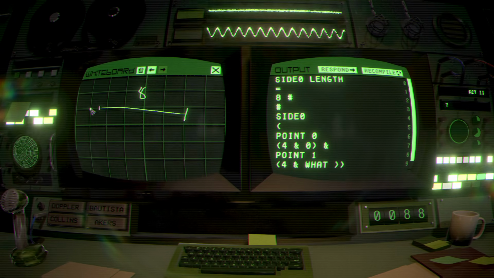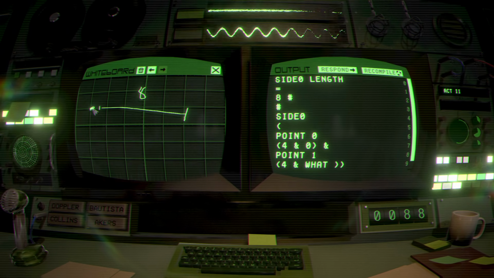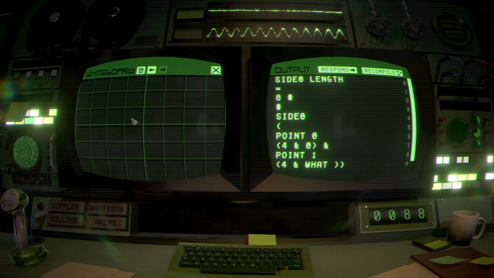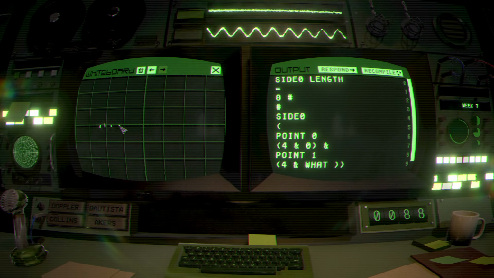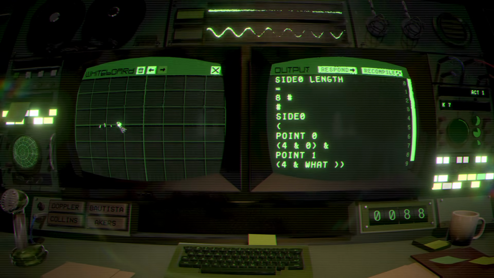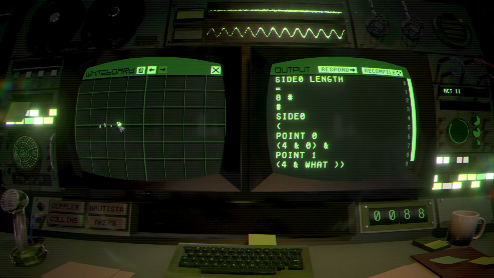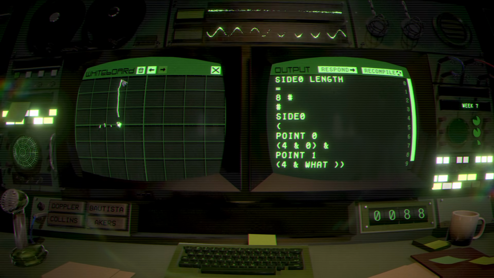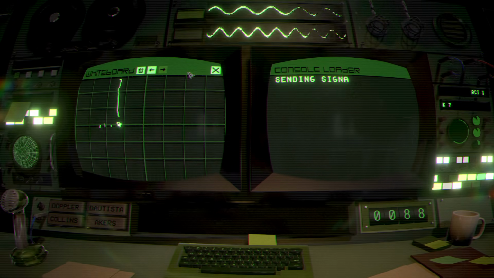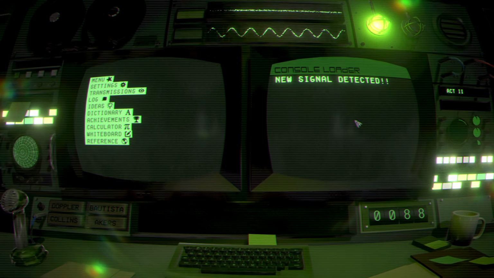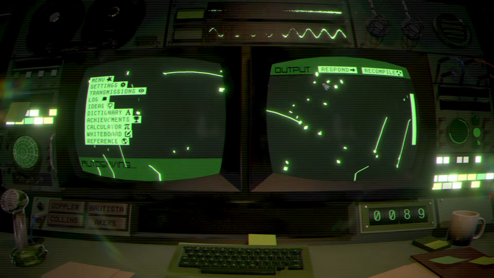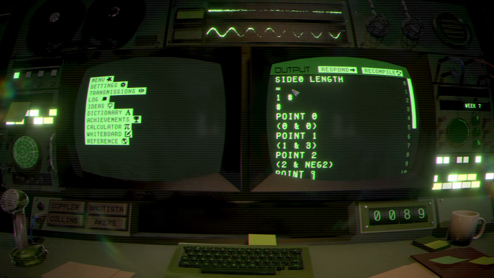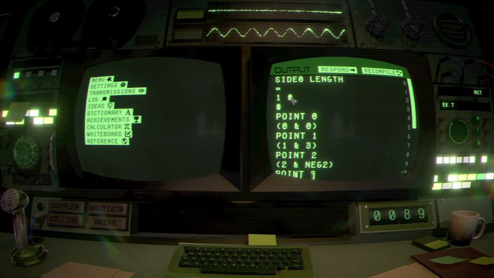Now that point A is at 4, 0, sorry, 4, 0. Since the length has to be 8, makes sense. I think I'm just an idiot. The side 0 length is 1.